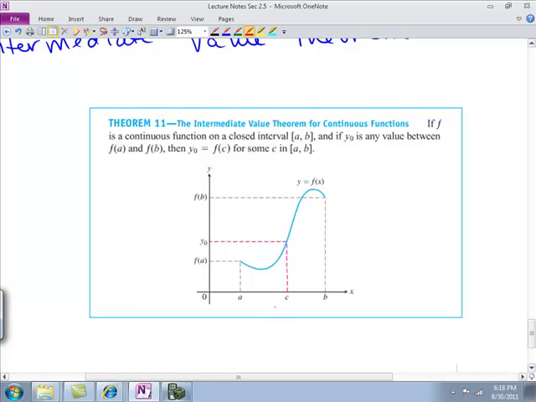Now, the application of that, how we can use it, the way that I typically have seen it used, is if between the interval ends, you have a sign change.